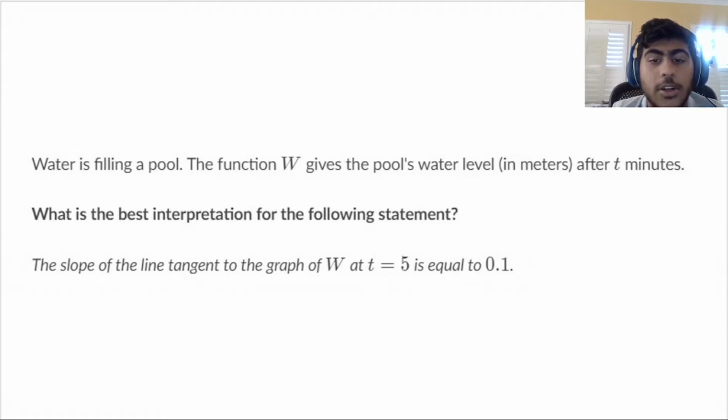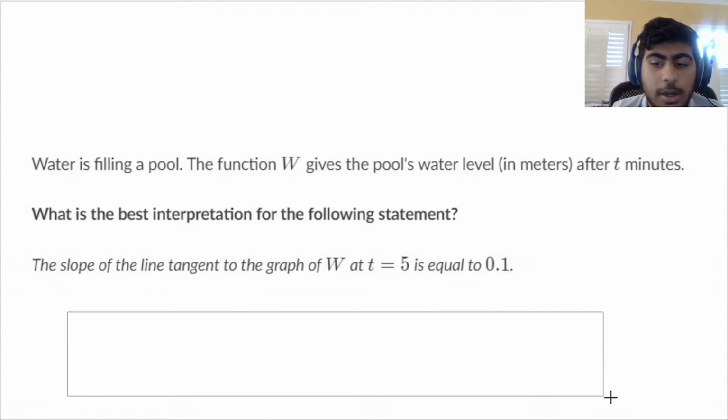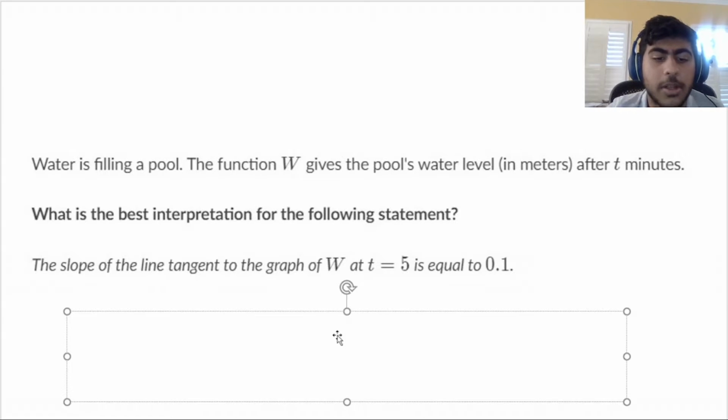Here, the function w gives the pool's water level in meters after t minutes. So the slope of the line tangent to the graph of w is the rate of change of the pool's water level. We're told that at t equals 5. Well, what does t equals 5 mean? Let's draw a text box here and think about what this means.